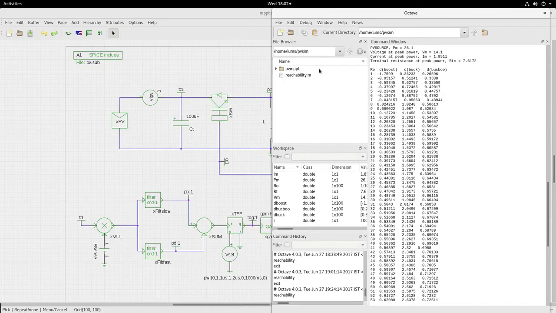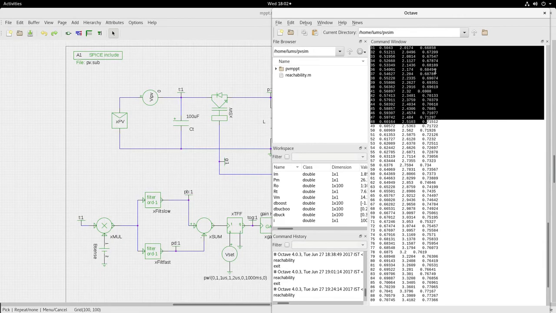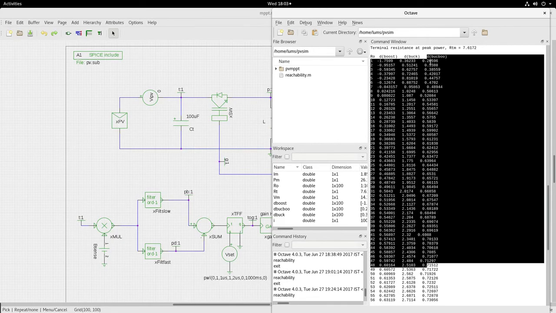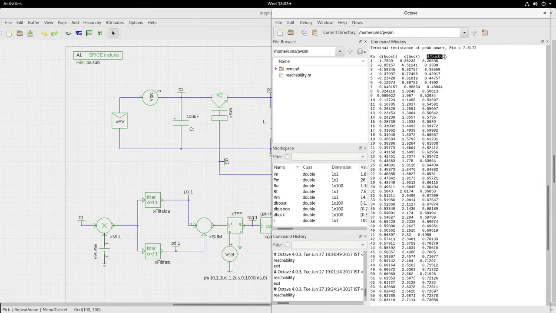In the Octave environment, I have run this reachability.m file again, so that recall that our PV source has a peak power of 26.1. I have not changed the ISC value and the V-scale value. VM of 14.1, IM of 1.8, RTM of 7.6 ohms, and we have to look at this buck boost converter column, this last column here.